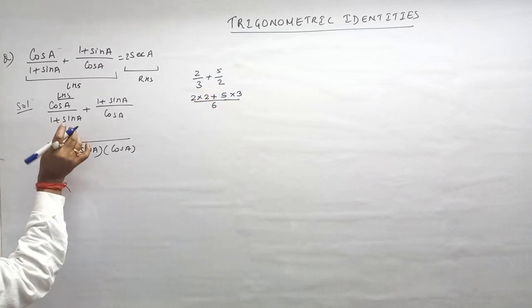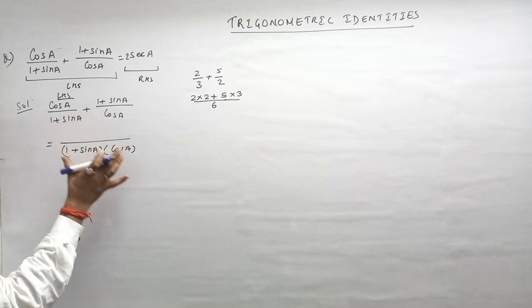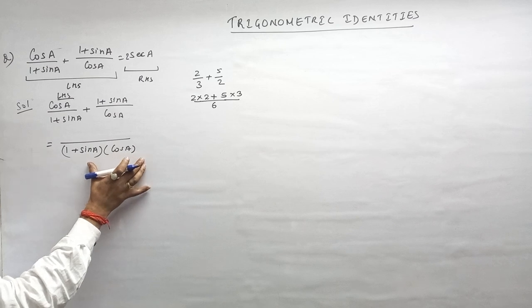So here also 1 plus sin A should be multiplied by what to get 1 plus sin A into cos A?